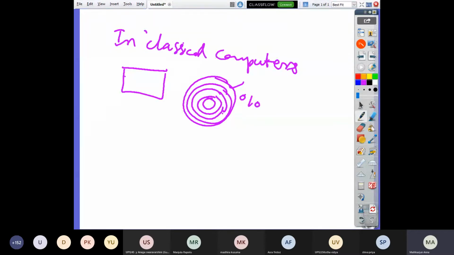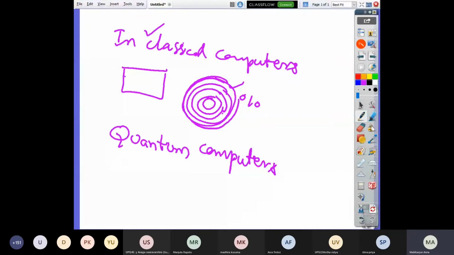In the case of classical computers, this total area has some thousands of atoms within one circle. In this one circle, the number of atoms will be more. How many atoms are there?